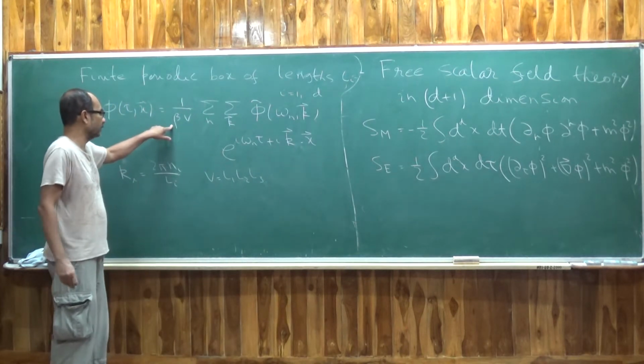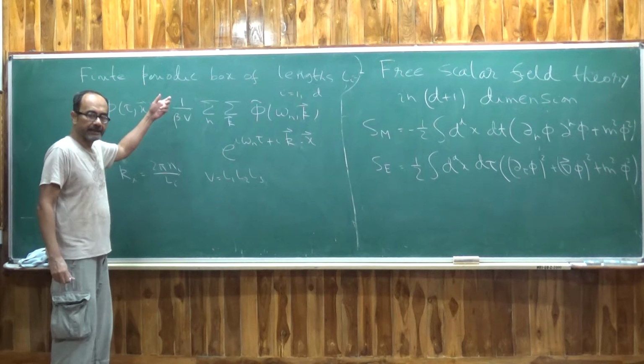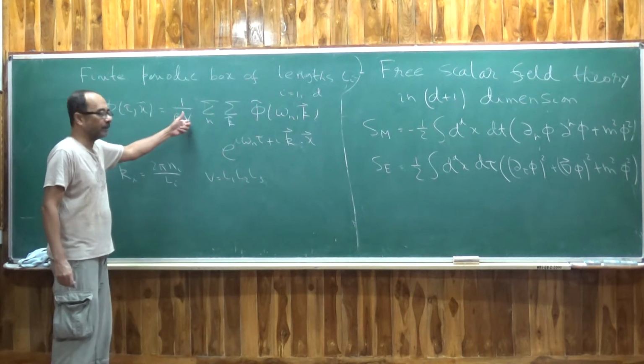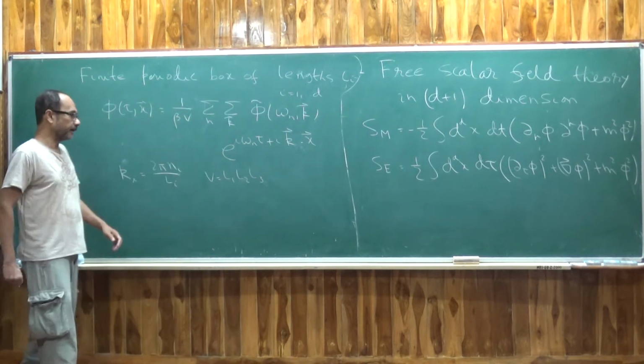Earlier for the harmonic oscillator we only had a 1 over beta, or equivalently t. Now we have 1 over beta as well as L1, L2, L3, because all directions are periodic.